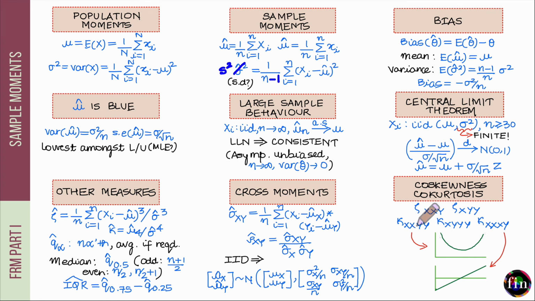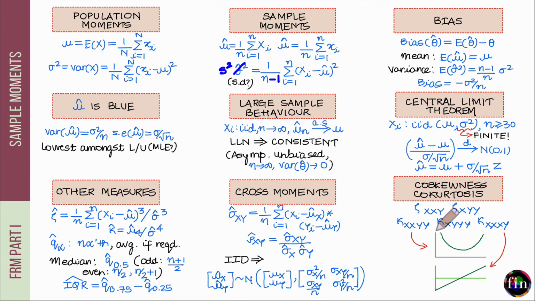Okay, then coming to asymmetric cokurtosis, these can be taken to be measures that tell you the dependence of, let's say, the sign of the deviation of one variable when the other variable, the one which contributes 3 powers, experiences a large deviation in a given direction.